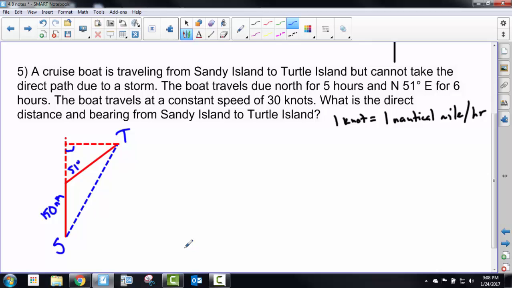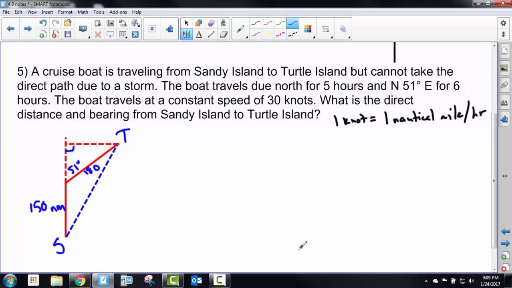And then after the turn, it's 6 hours, still at 30 knots. So this distance over here is 180, and again, that's measured in nautical miles. My handwriting's a little sloppy there. We'll try it again. Nautical miles in M, you can use that. And yeah, that'll work.